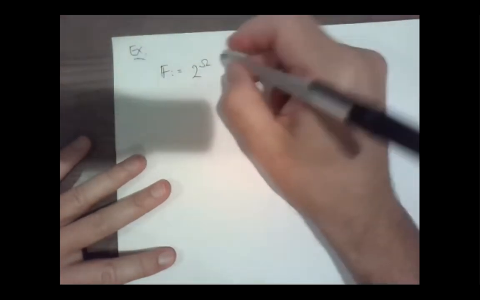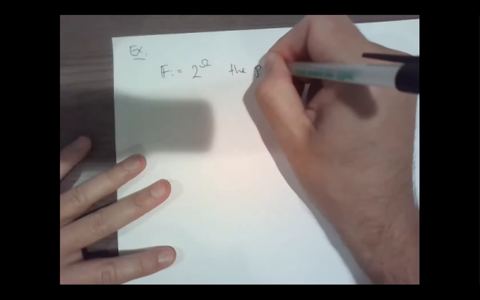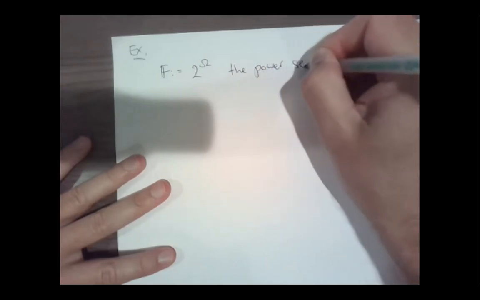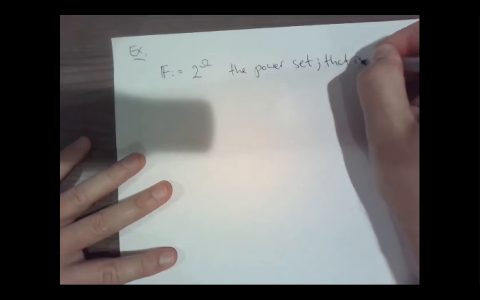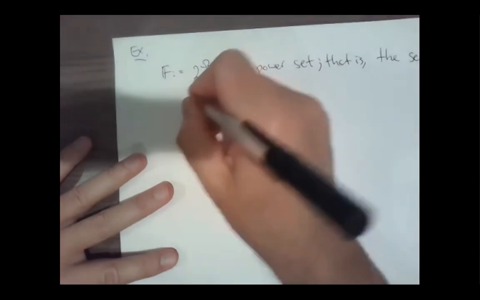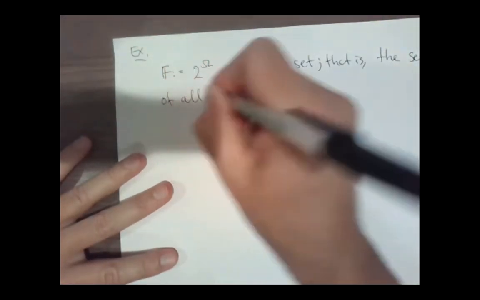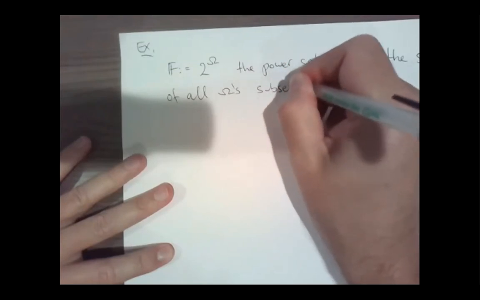This is the power set, the set of all of omega's subsets.